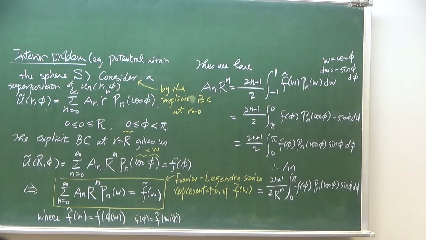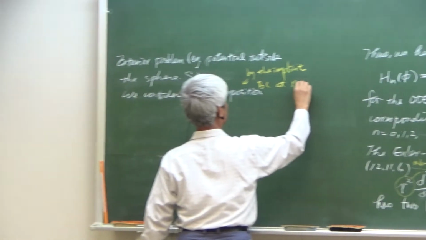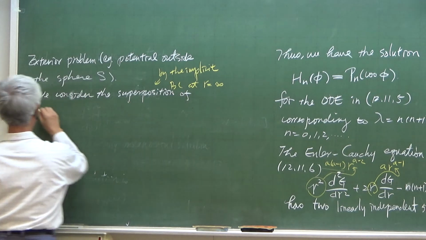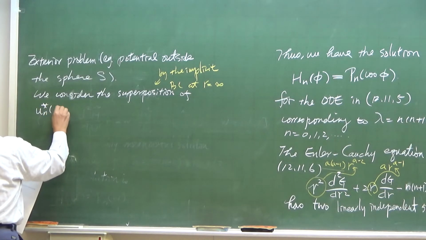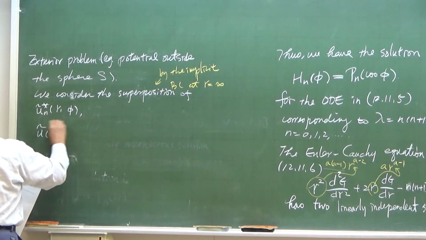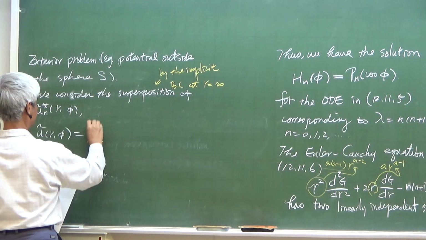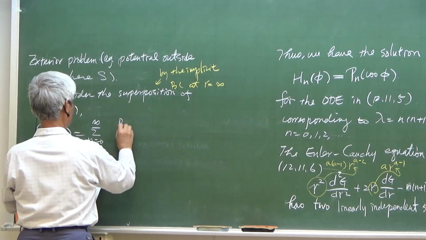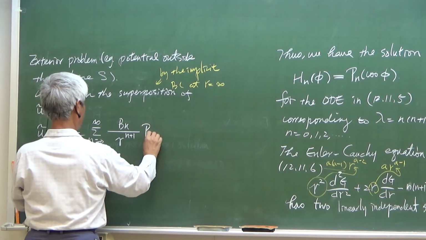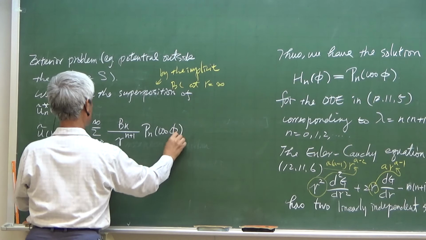And here, consider superposition. This is because of the implicit boundary condition at r is infinity. So we consider the superposition of u star and u, with summation of B_n times r to the minus (n+1) power times P_n(cos phi).